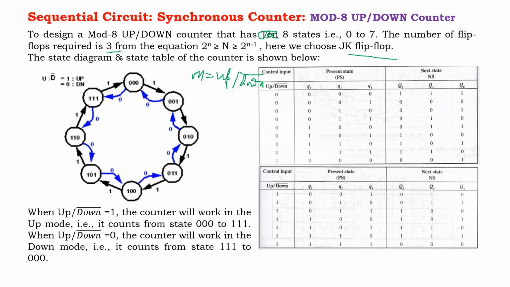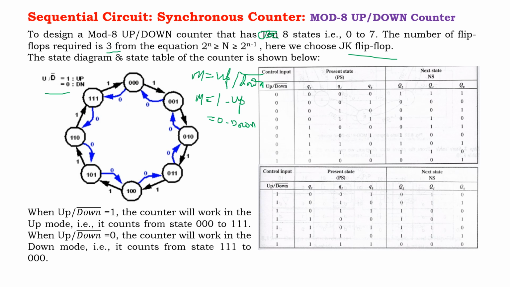Up and down bar, that is called M. So if M is equal to 1, then it will go for up, and if M is equal to 0, then it will go for down. Okay, so now this is the control input scenario.